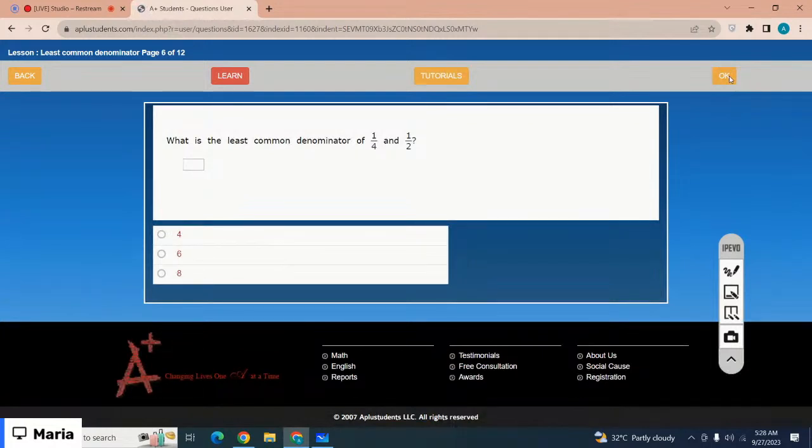What is the least common denominator of 1 by 4 and 1 by 2? Which is the correct option? Very good. That would be 4. Just think logically, right?